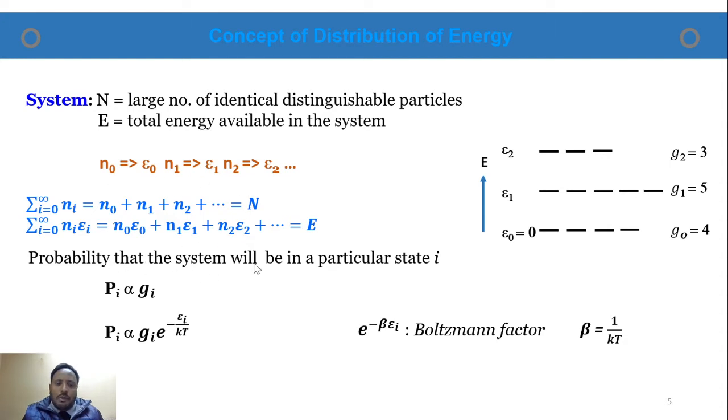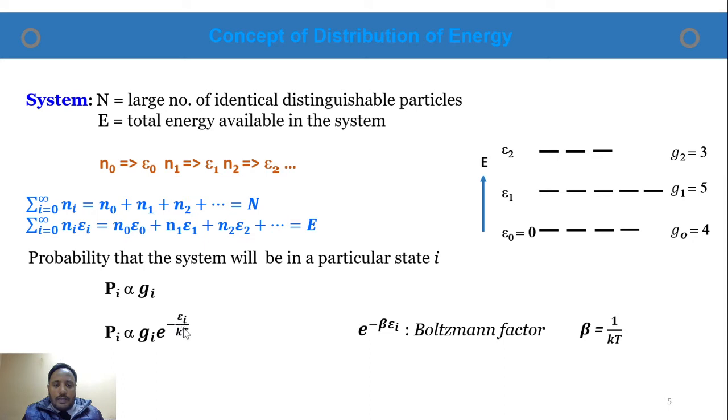Then the probability that the system will be in a particular state i, Pi, will be proportional to the degeneracy Gi. This probability is also proportional to the degeneracy multiplied by an exponential factor, which is given by e to the power minus Ei divided by kT.